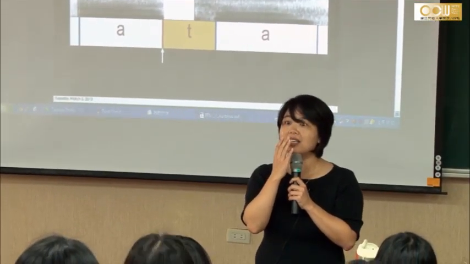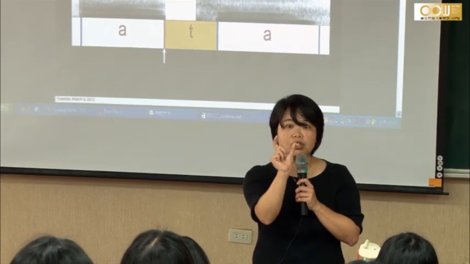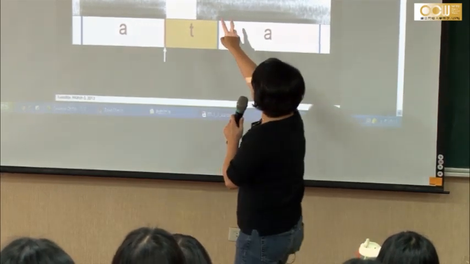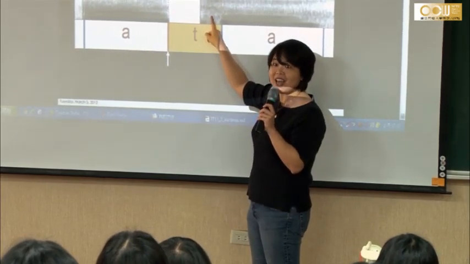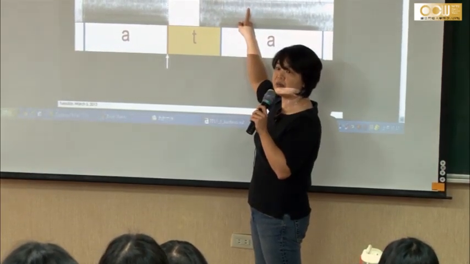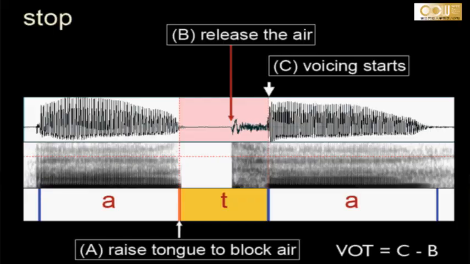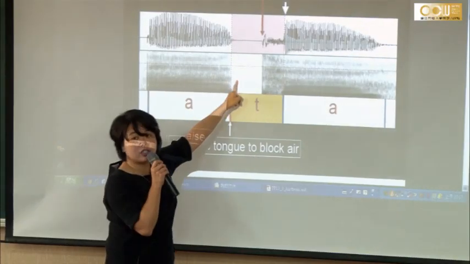Ta, ta, ta. That puff of air actually will show on your spectrogram. This is your puff of air. And then the ah sound comes out. Okay? So these 3 arrows represent A, raise the tongue to block the air. Okay? And then point B, you release air. You release the closure. This is your closure.